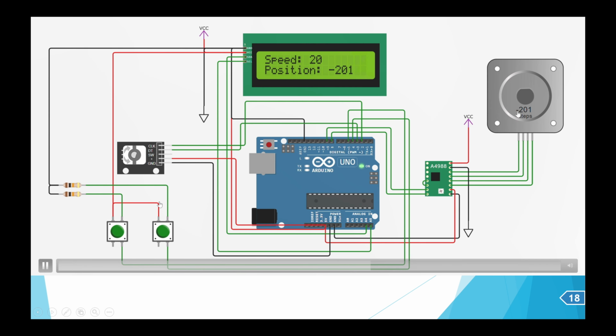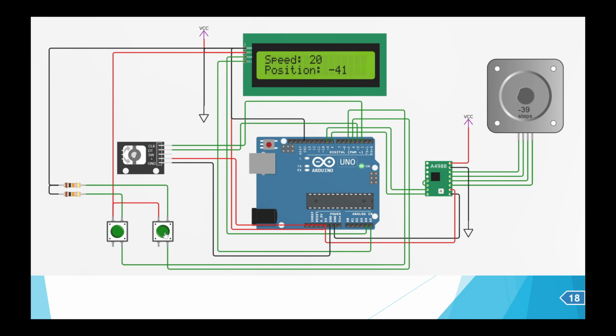Similarly, if we click on the clockwise direction button, you can see that the motor shaft is rotating in the clockwise direction. And again, after covering the 200 steps, the motor shaft has rotated 360 degrees, or it has completed one complete revolution here.